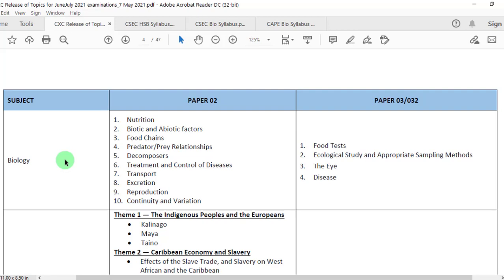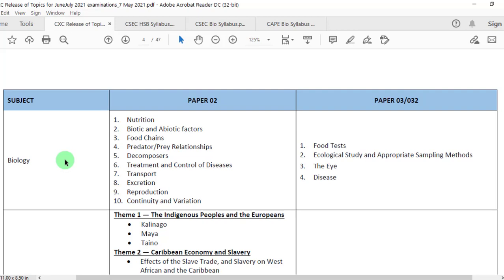So that's why you find the list a little shorter. And what I would explain for these topics, you would have a greater focus on, again, SBA related skills, right? So let's see what we have here.